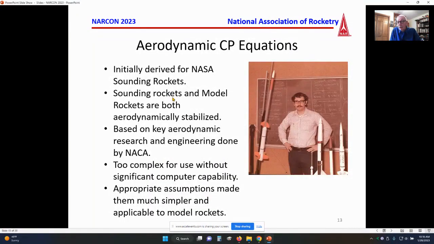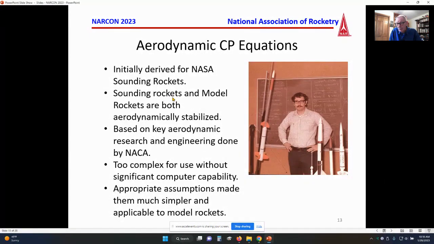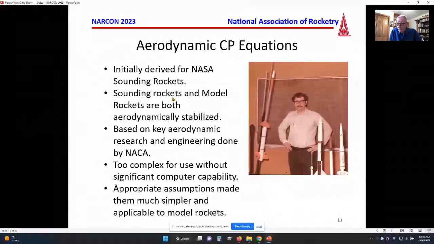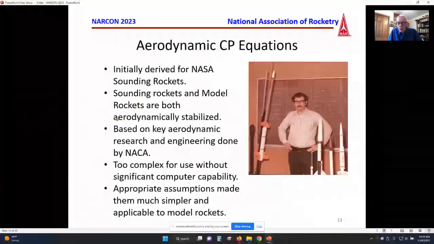Now, these aerodynamic equations were initially derived for the NASA sounding rocket program when I worked there back in the 60s. Sounding rockets and model rockets are both aerodynamically stabilized. Of course, not all rockets are aerodynamically stabilized. There are rockets like the Saturns and the Geminis and most of the large rockets.